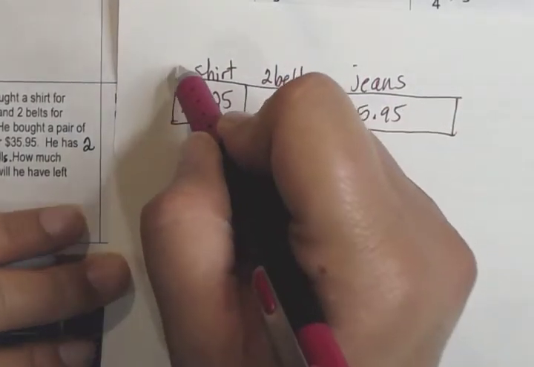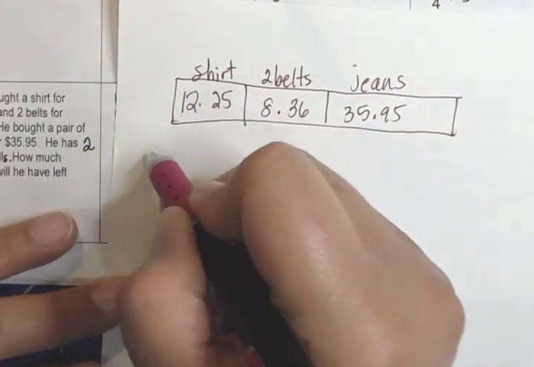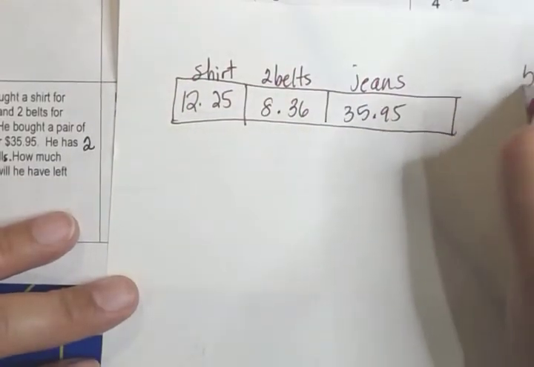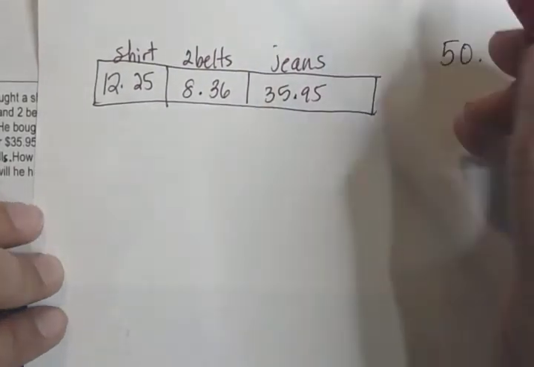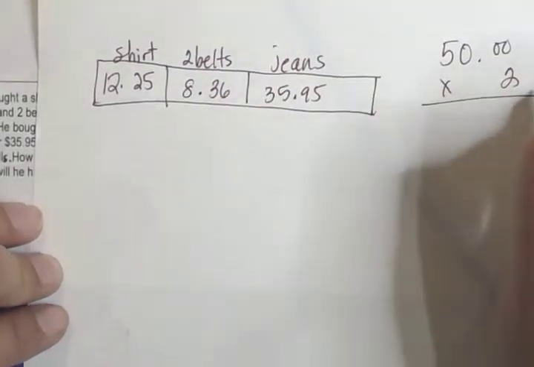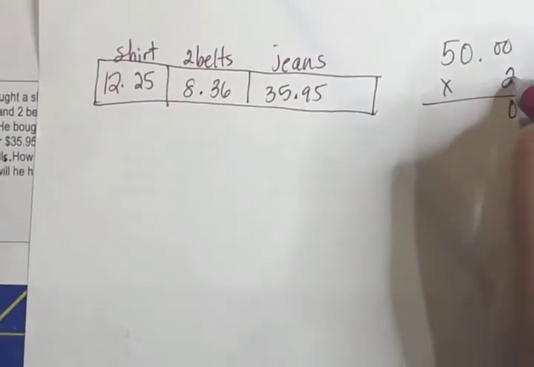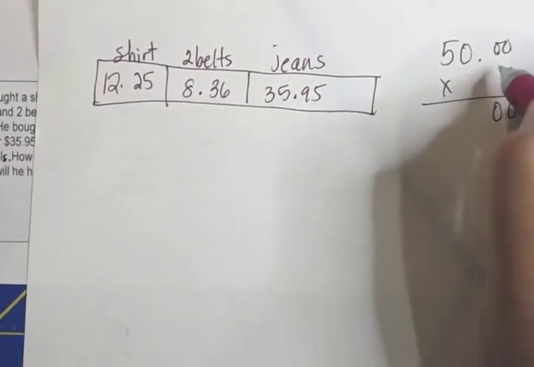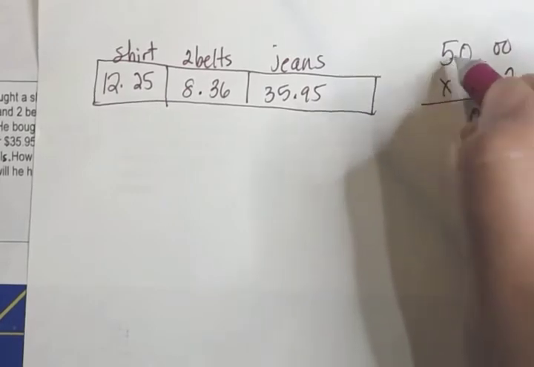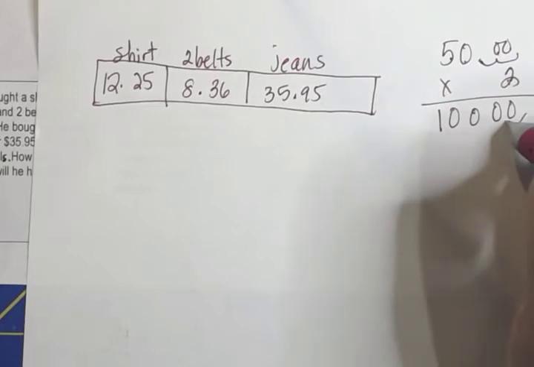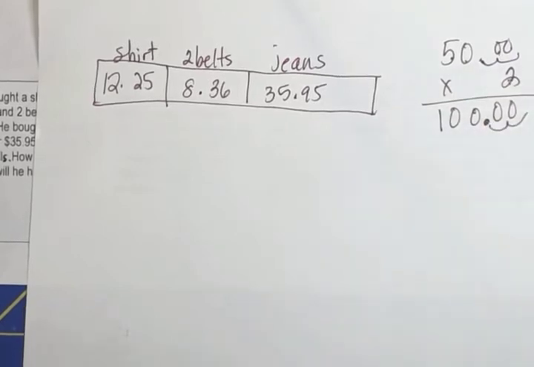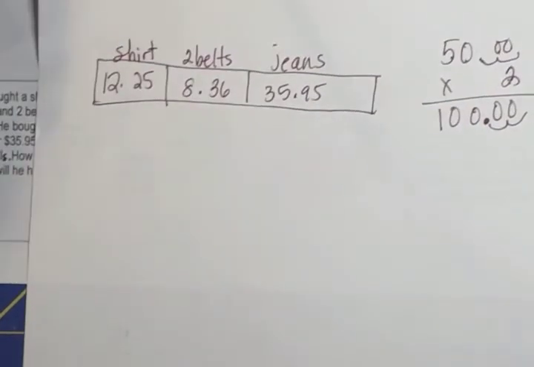And he has 2 $50 bills. So 2 times 0 is 0, 2 times 0 is 0, 2 times 0 is 0, 2 times 5 is 10. Count your decimal places, 1, 2, 1, 2, and he has got $100 to shop with.